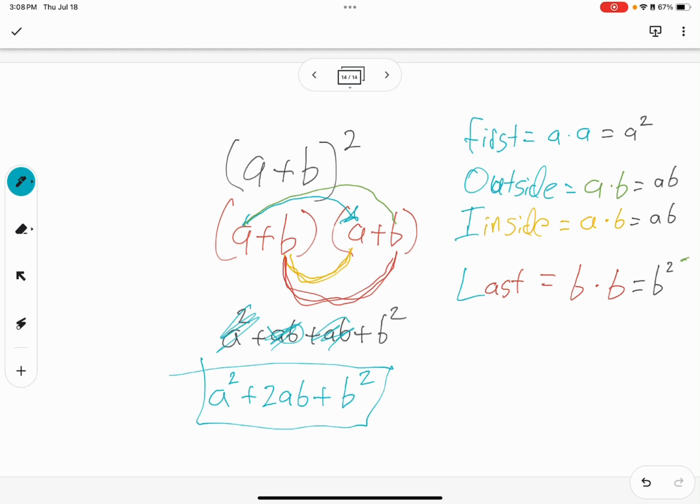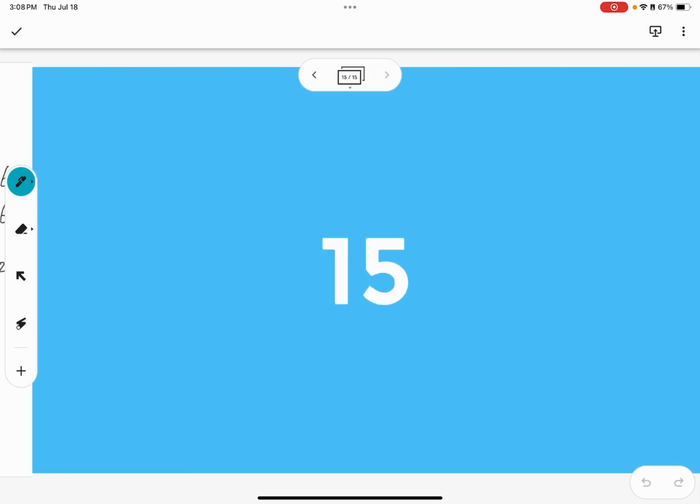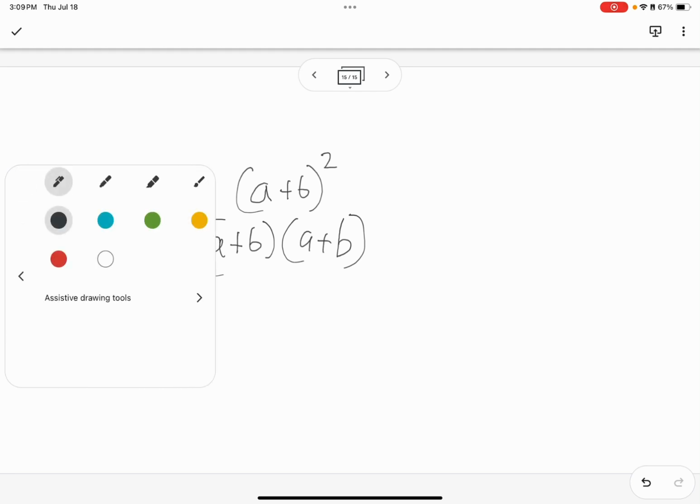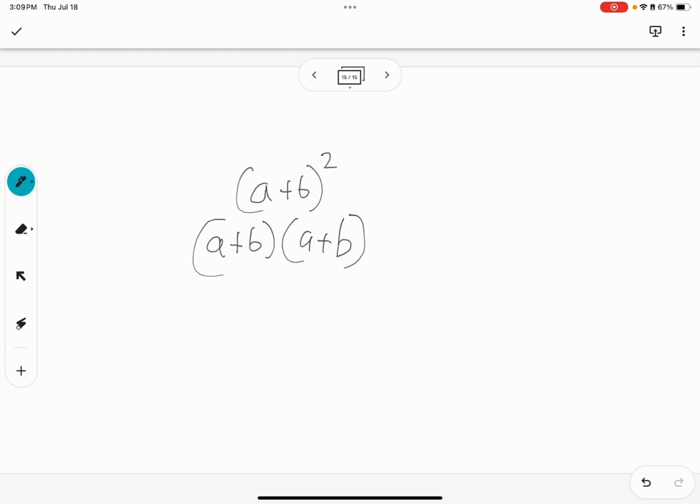The other way that he mentioned to do it is you could have, again, quantity A plus B squared is the same thing as A plus B multiplied by quantity A plus B. Okay, so what he mentioned is we have two terms here, right?